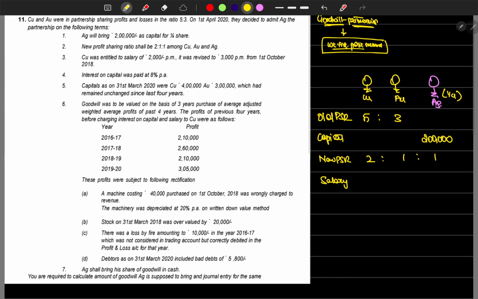Then salary. How much is the salary for CU? It is 2,000 per month. No other partners are getting salary. It was revised to 3,000 per month from 1st October.